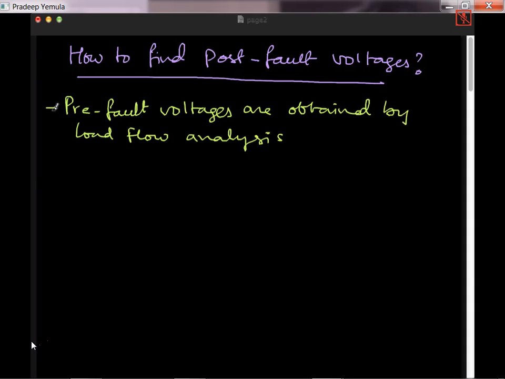You can do load flow analysis by the Gauss-Seidel method, Newton-Raphson method or fast decoupled load flow method, whatever load flow method you apply, and at the end of it you will get the pre-fault voltages before the fault.